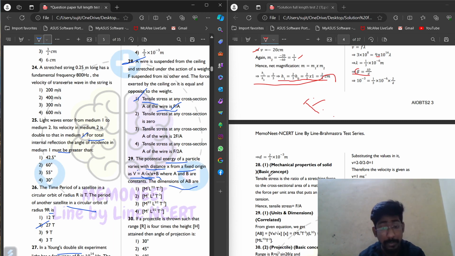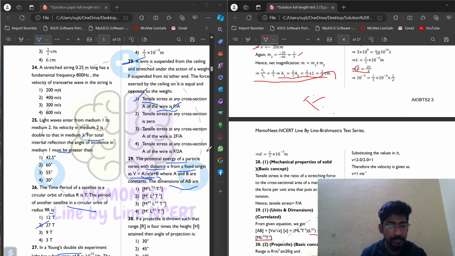So the dimension of B is ML^2T^-2, and the dimension of x will be equal to B, right? If you calculate it, you will get the dimension of A equals L to the power 3 by 2. So just multiply the dimensions of A and B, you will get the dimension of AB equals ML^7/2 T^-2.